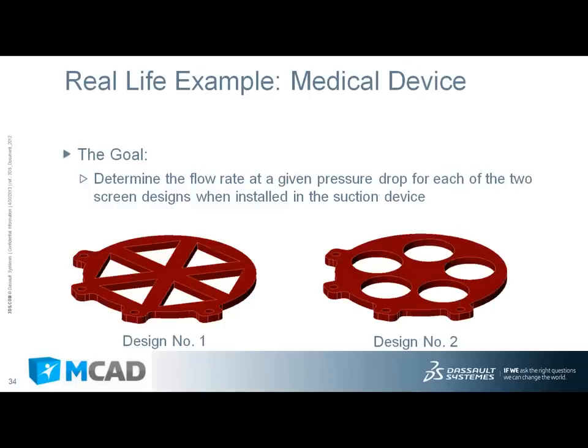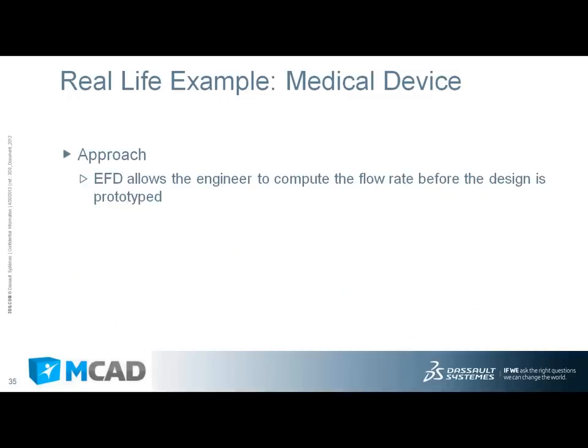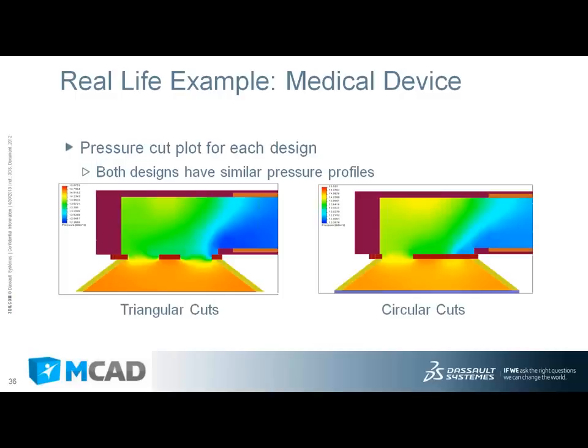So the designs here are shown for the screens. We've got one with triangular openings and one with circular openings. We just want to look at the flow rate for a given pressure drop for the two designs. There again, we can compute this information before the design is even prototyped to take the best direction for our prototyping efforts.